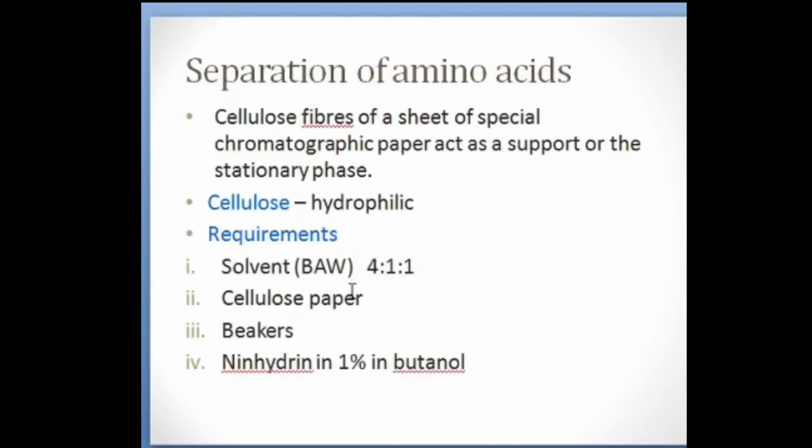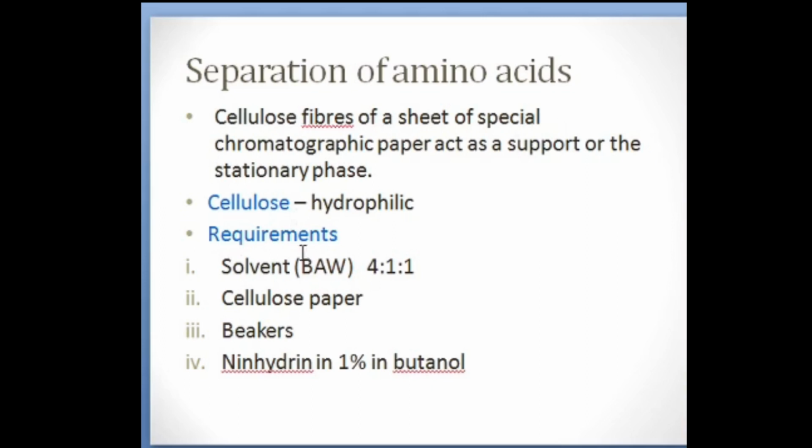So for separation of amino acids by paper chromatography, we will require the cellulose fibers of this sheet of chromatographic paper. As I told you, this is the supporting media.